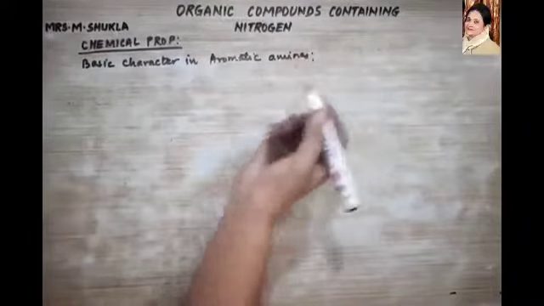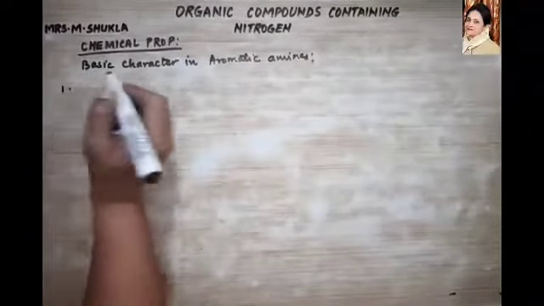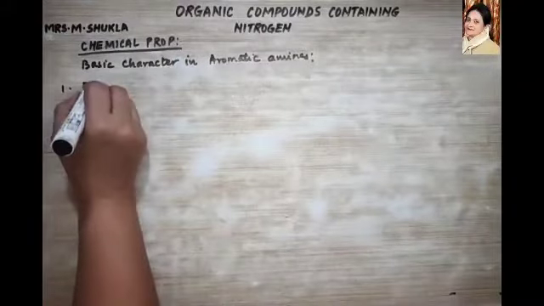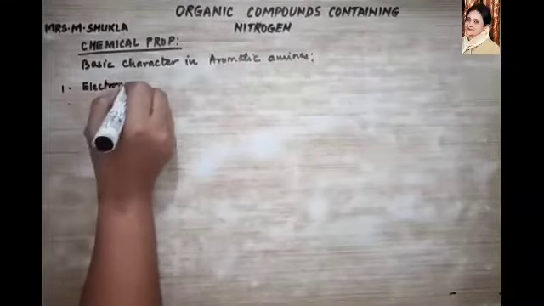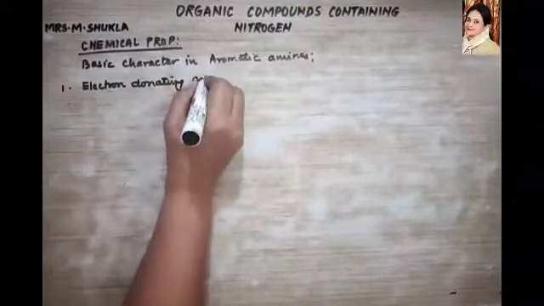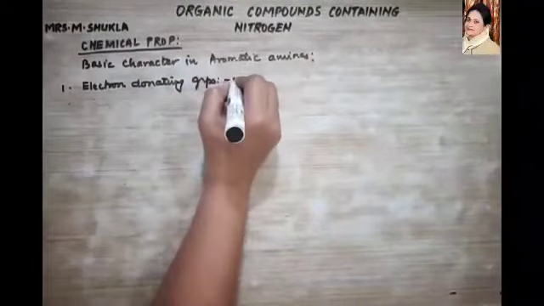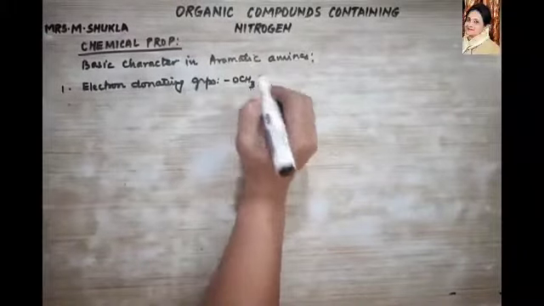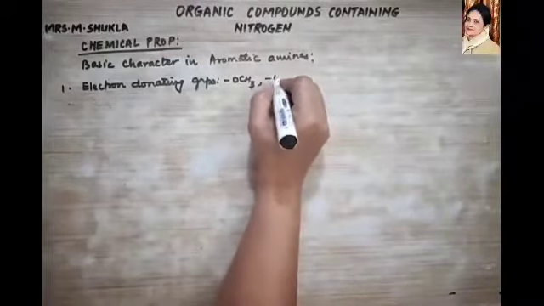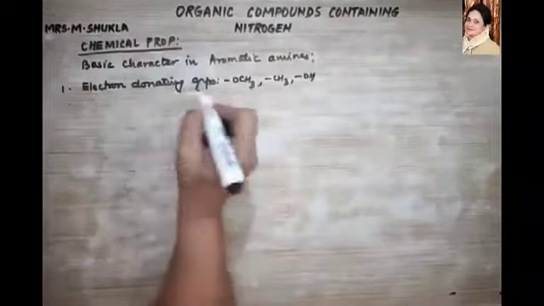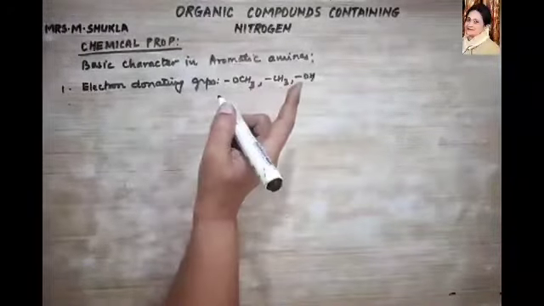Let me write down the first point, that is, some electron donating groups. Let us first recollect what some electron donating groups are, for example CH3 or even OH.